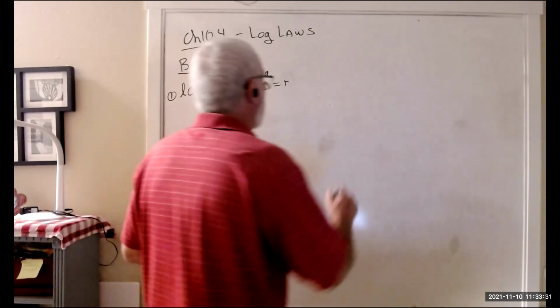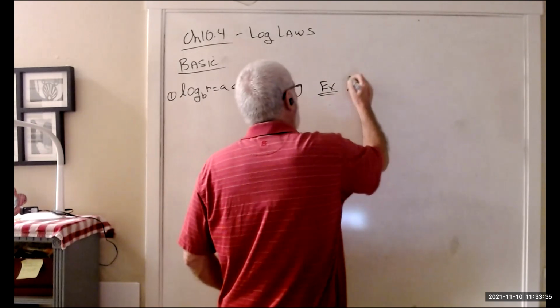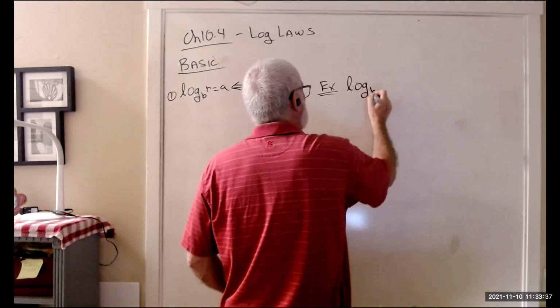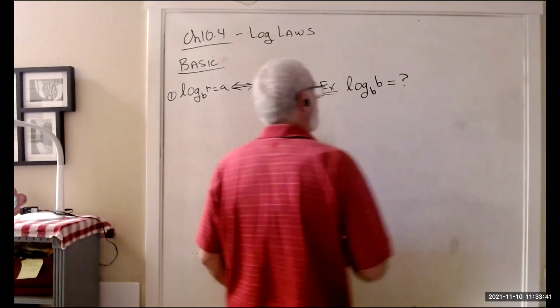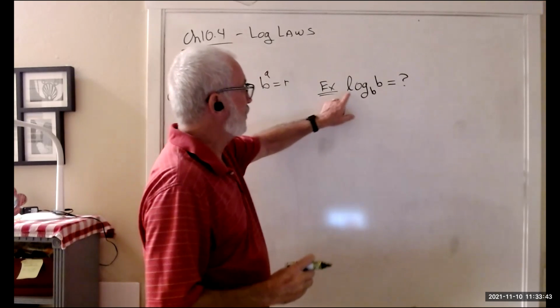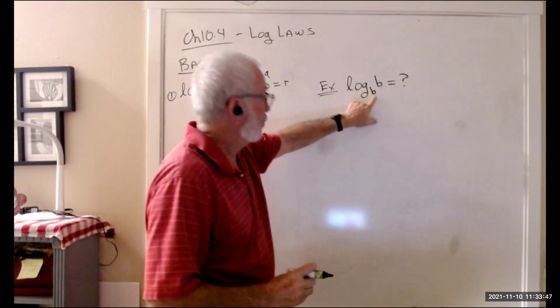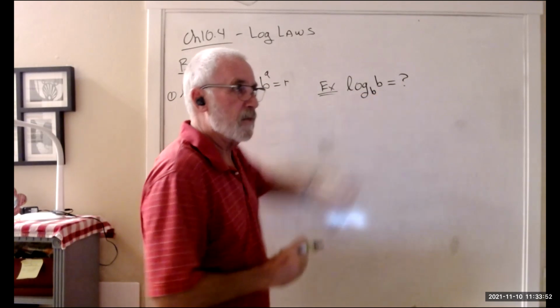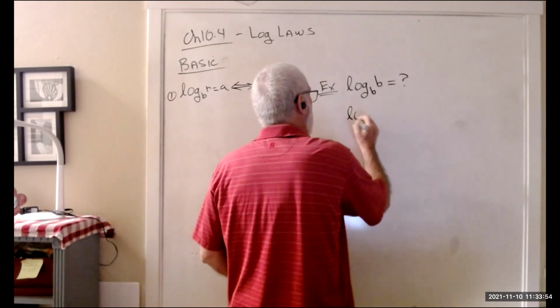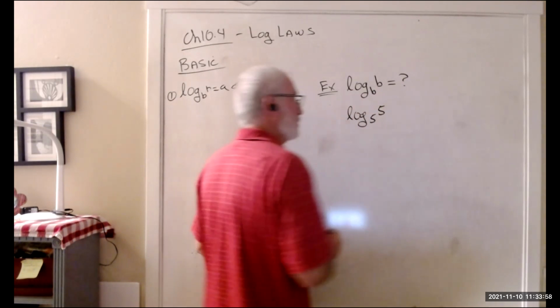The first example: what does log base b of b equal? What if we have the log of a base b of the same thing? For example, what if we had log base 5 of 5?